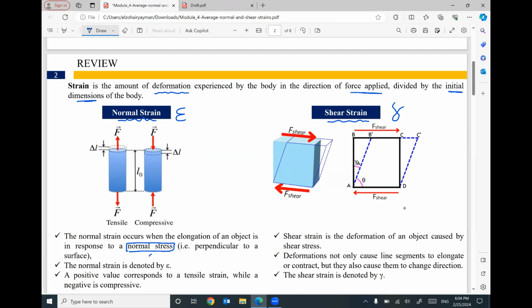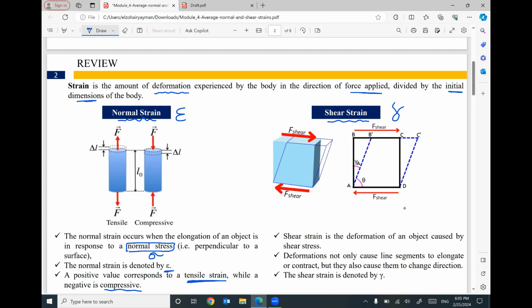If you have a normal stress sigma, tensile or compressive, perpendicular to the cross section, the corresponding deformation or elongation will cause a normal strain. The normal strain is denoted by epsilon. A positive value of strain means tensile strain, and a negative value means compressive strain.